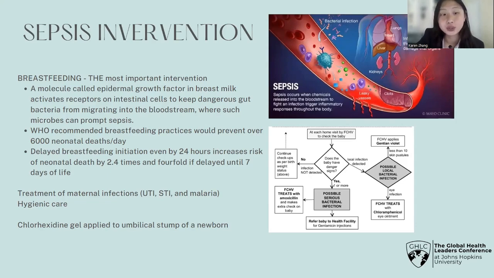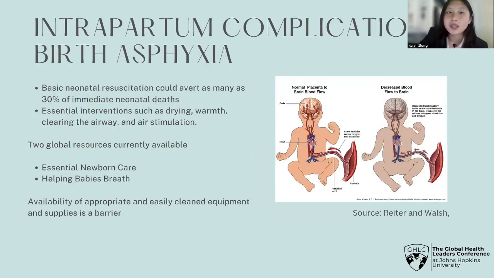Other interventions include treatment of maternal infections such as UTI, STI, and malaria, and hygienic care, applying chlorhexidine gel onto the umbilical stump of a newborn to prevent further infection. So, another issue is birth asphyxia, and one intervention could be basic neonatal resuscitation, which would avert as many as 30% of immediate neonatal deaths.